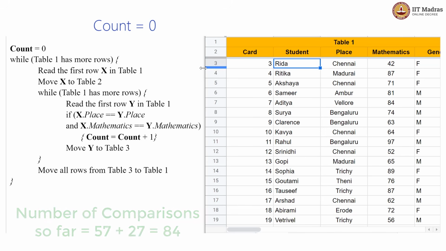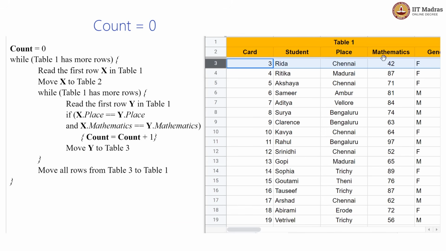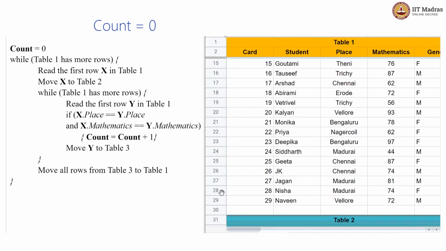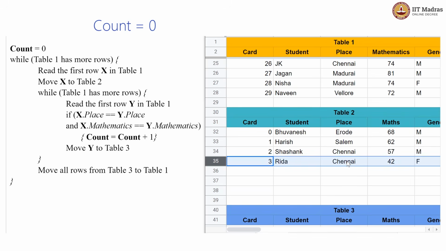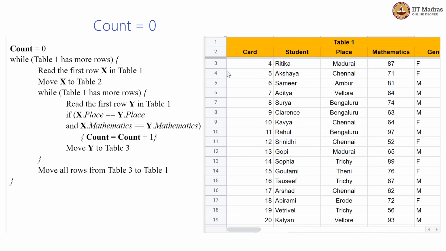And now we have, this is our row X, and we bring it down to table 2. Here the place is Chennai and math score is 42. So let's begin again.